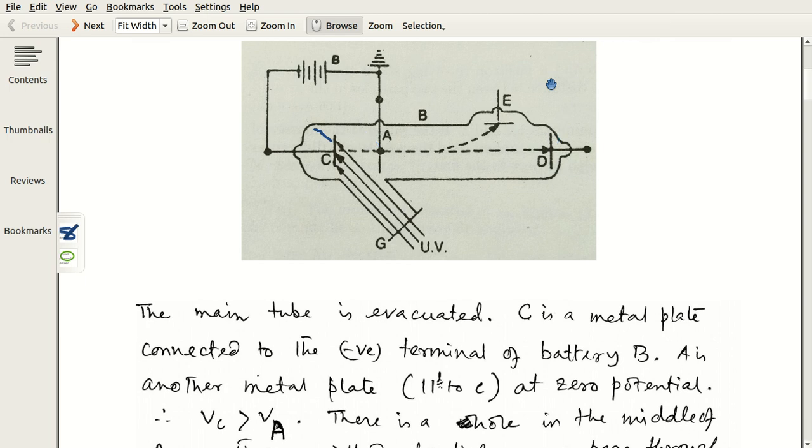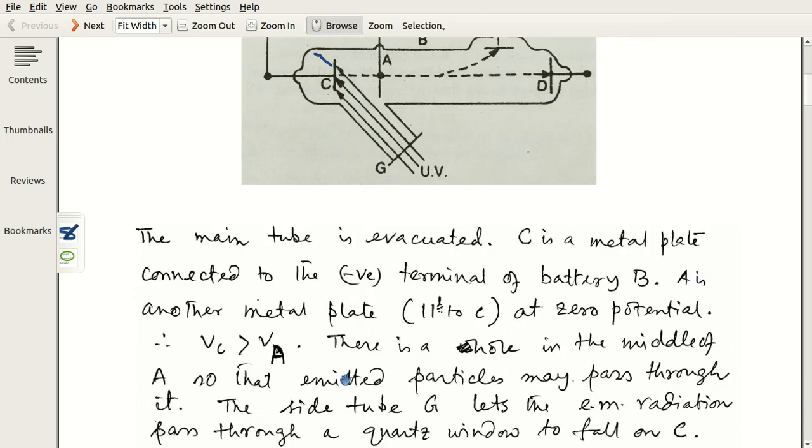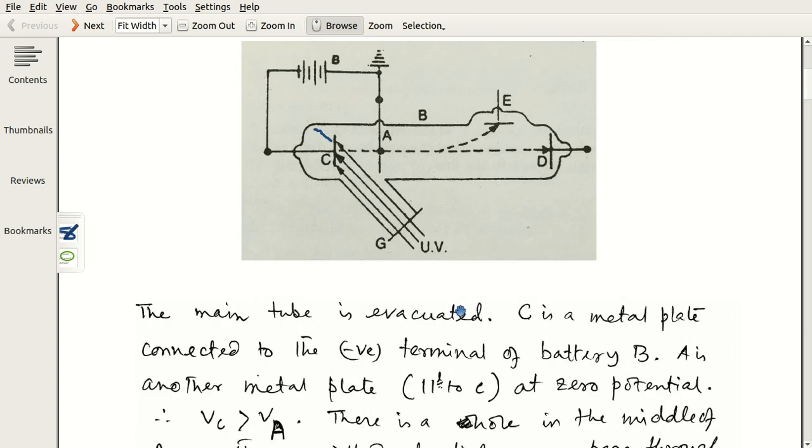Now you must understand that A is the plate which is parallel to the plate C, and the plate C is connected to a battery, and the C part is connected to the negative terminal of the battery.